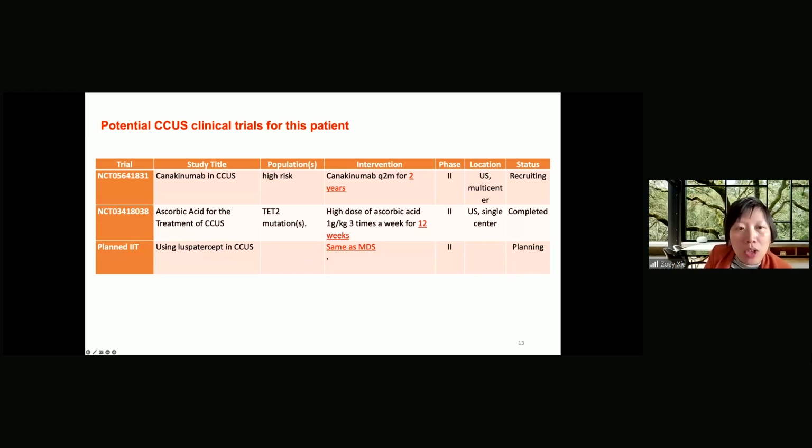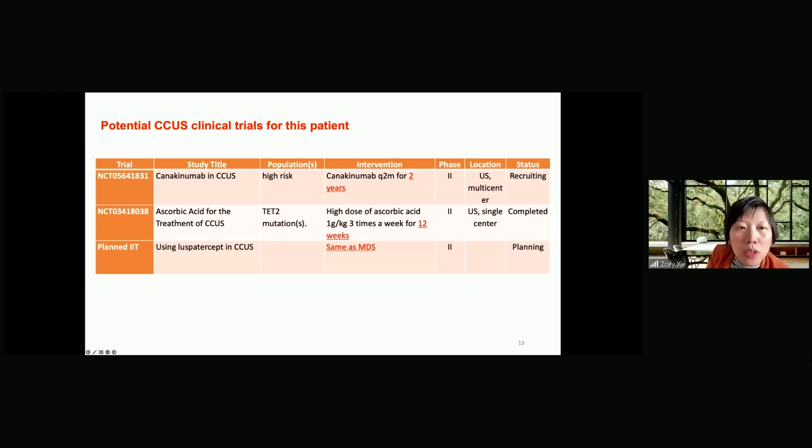Basically, the treatment strategy will be the same as treatment in MDS. So this is something in planning. The second is a trial using canakinumab in patients with high-risk CCUS. As we discussed, canakinumab can reduce the inflammatory status and also hopefully reduce cardiovascular events. So I think this patient will be a very good candidate for this trial.